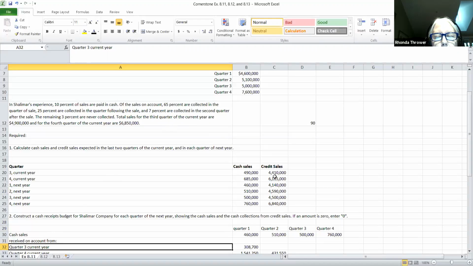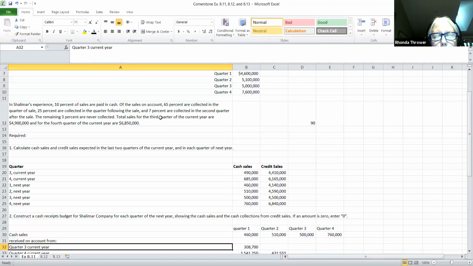In quarter four, we would have collected 25%, because 25% are collected in the quarter following the sale. So in other words, in quarter three's credit sales, 65% are collected in quarter three of the current year. 25% of these credit sales would be collected in quarter four.